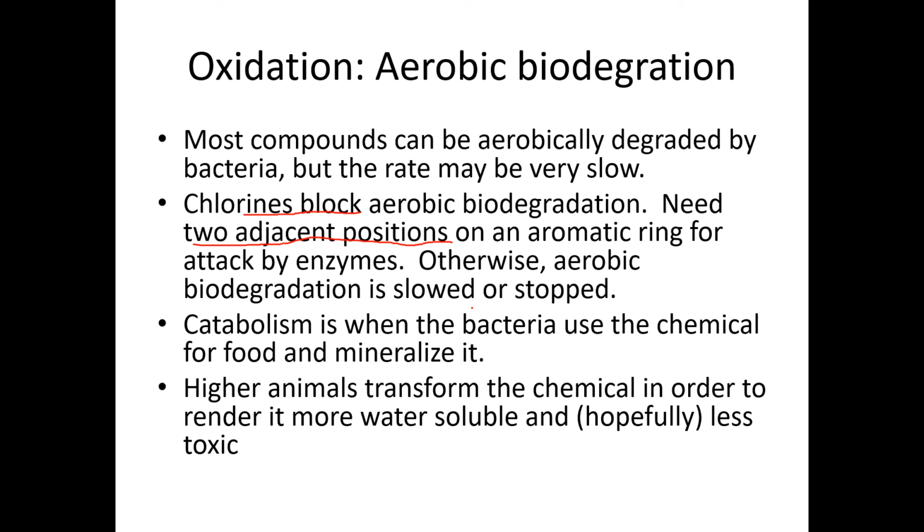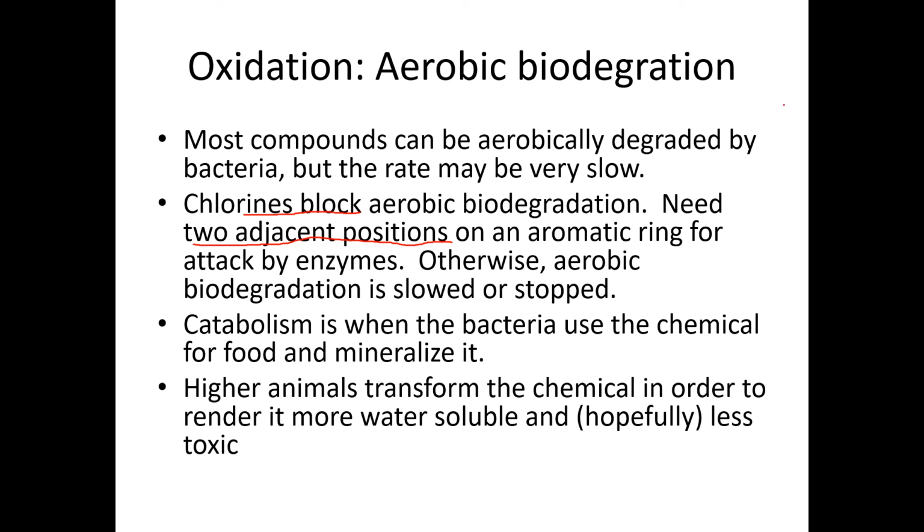So the cytochrome P450 enzyme needs two adjacent positions on the aromatic ring that are not substituted, that don't have any chlorines or bromines or nitro groups or anything on them. And if it has those two open positions, typically the enzyme can get in there, attack, and break open the ring. But if all those positions are blocked, then biodegradation of aromatic rings will be slowed or stopped.